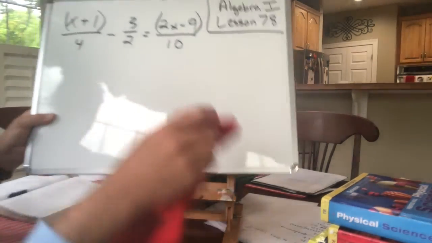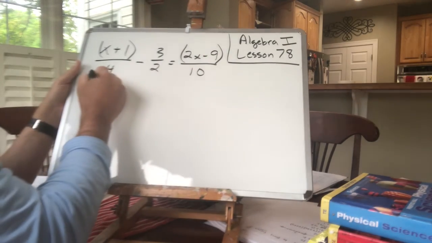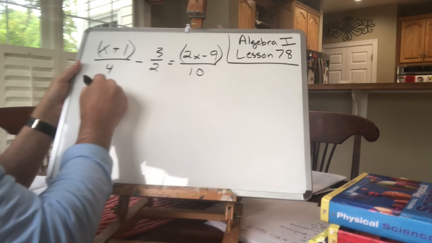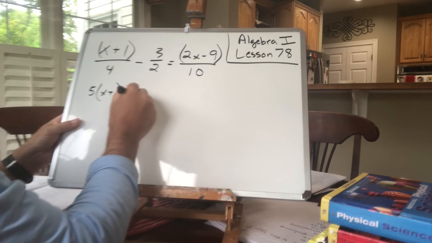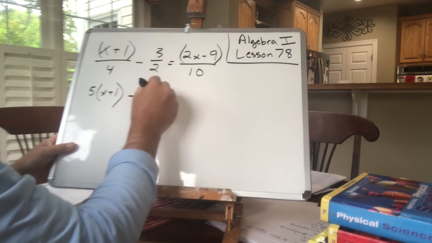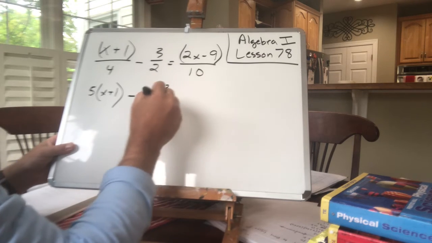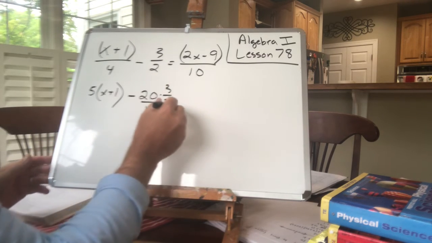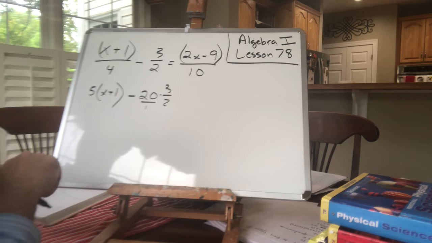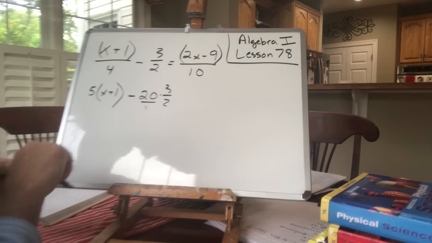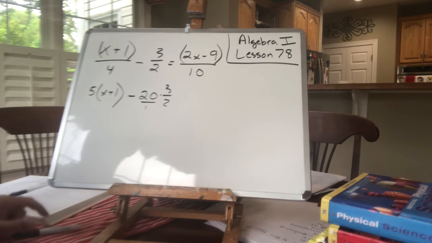I don't have that much room on the board, so I'm going to go 5 times x plus 1, parentheses, minus 20 times 3 halves. Remember, it's 20 over 1. I can cross reduce 20 and 2 to be 10 over 1. So it's going to be minus what? Minus 30, right?